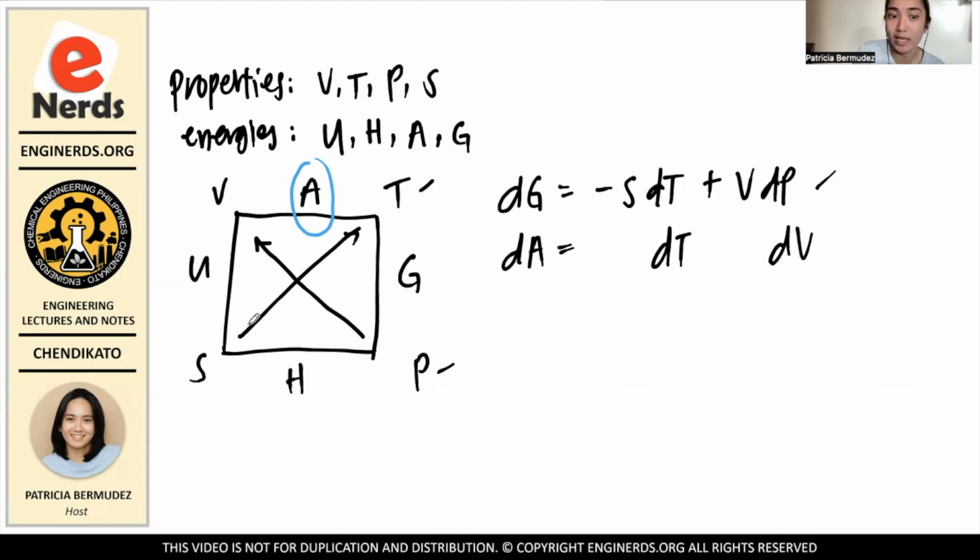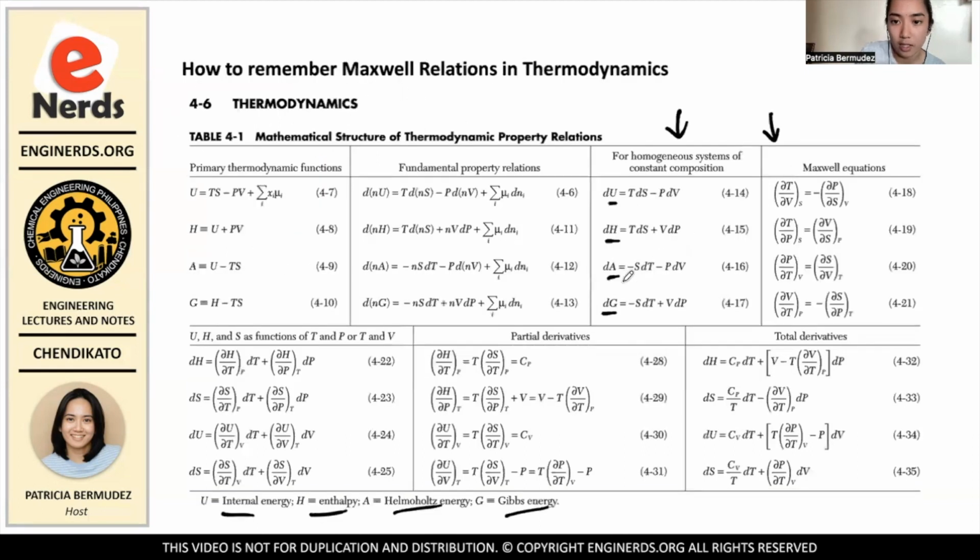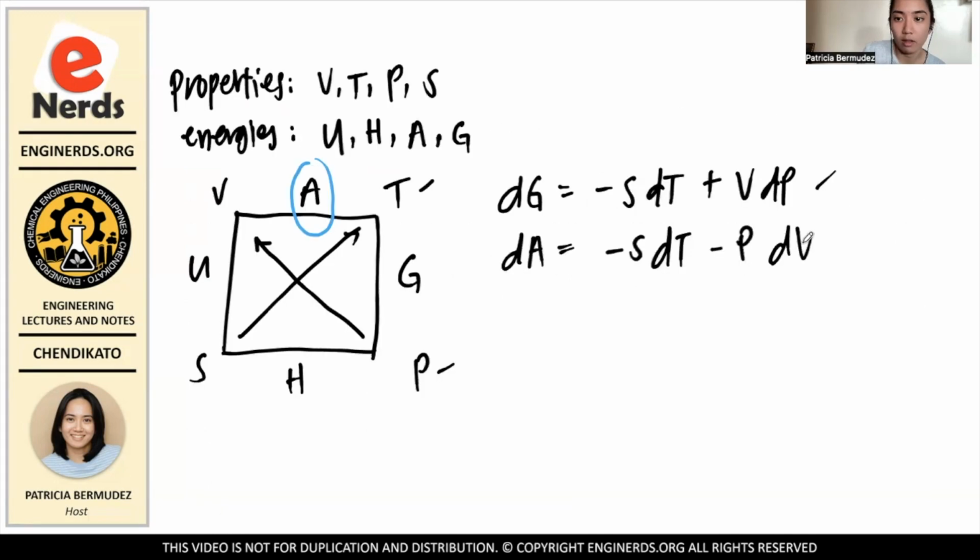And then you have to go to S. But then you're going backwards from the tip of the arrow to the tail. So it is negative. It's the same as what we did in dG. And then V, right? You're also going backwards because you're going from the tip of the arrow to the tail. Therefore, it is negative as well. So, where is it connected to P? So, it's negative P. And if we're gonna check, yes, dA is equal to negative SdT minus PdV. Therefore, it is correct. Okay?